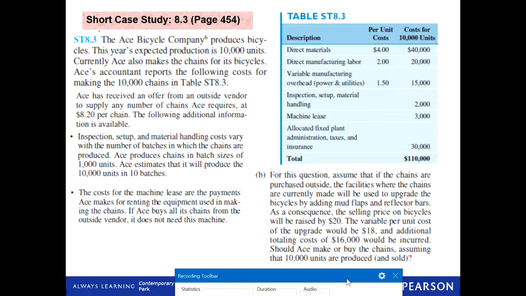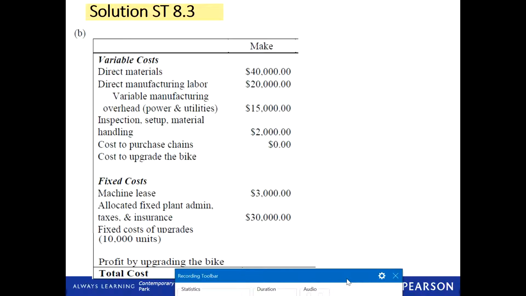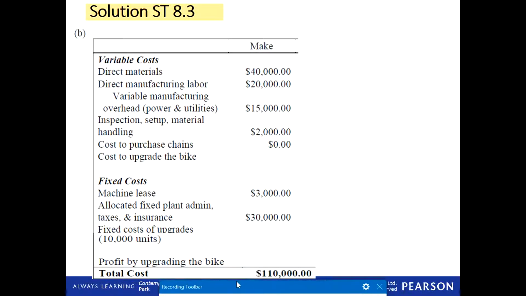So again, we will calculate the costs. This is our existing scenario, right? These are all the numbers given before, everything is the same. The additional information here is the profit by upgrading the bike. If we make it, of course, we cannot upgrade the bike, we cannot make any profit. But if we buy it from outside, these variable costs will be gone, similar to the previous part.